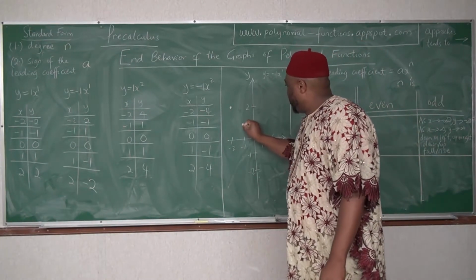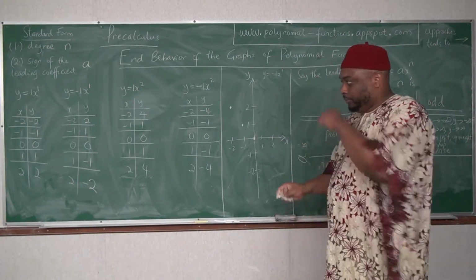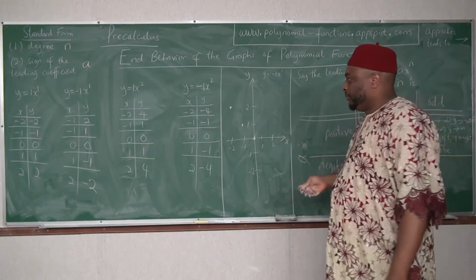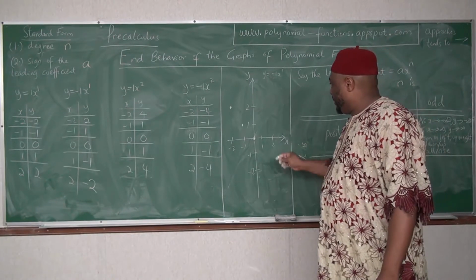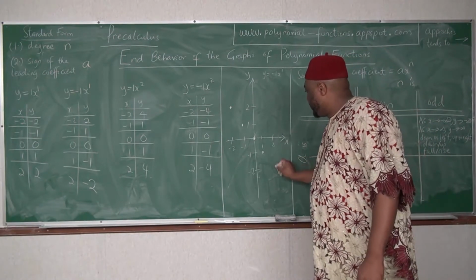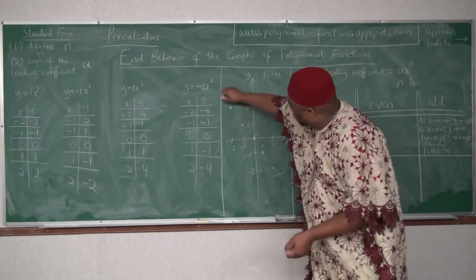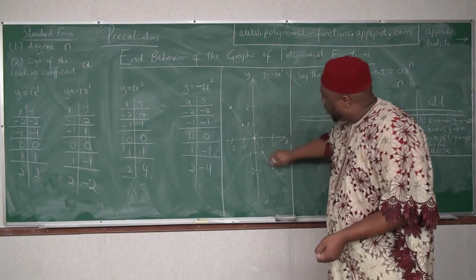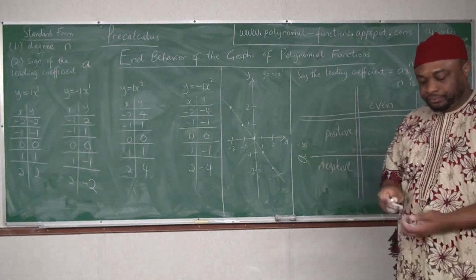That's here. When x is 0, y is 0 here, at the origin. When x is 1, y is negative 1. And when x is 2, y is negative 2. So here you can see up on the left, down on the right.